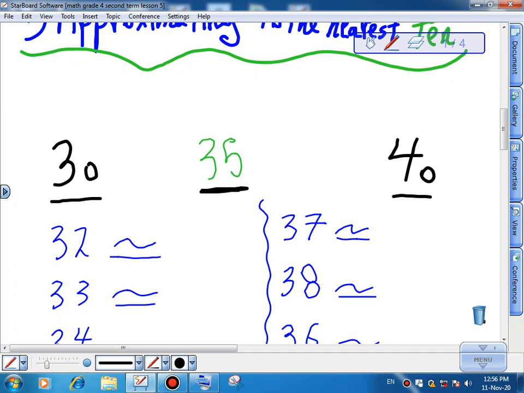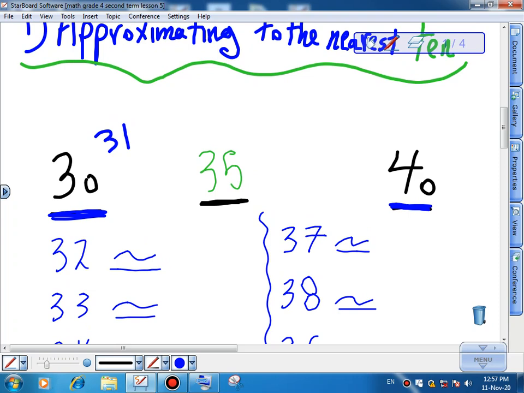If I say the number 31, 31 is nearer to 30 than to 40. So if I need to approximate the number 31 to the nearest 10, between only two numbers, 31 will be 30, okay?